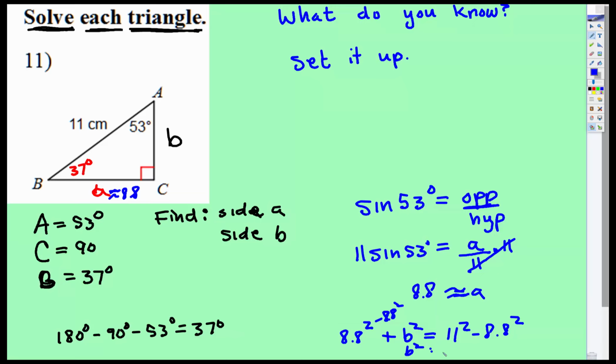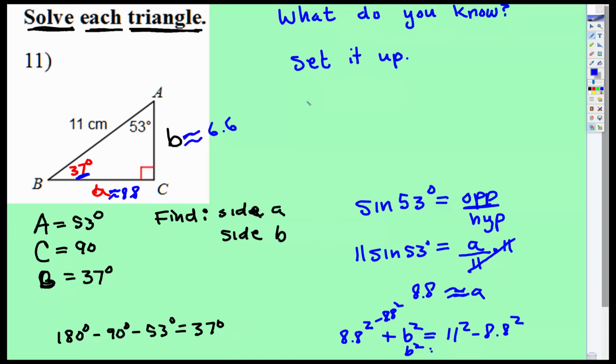So I'll type that into my calculator. 11 squared subtract 8.8 squared is 43.56. And I'm going to take the square root of 43.56. And that's going to give b is about 6.6.